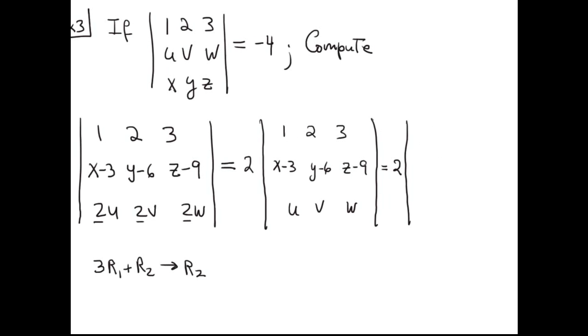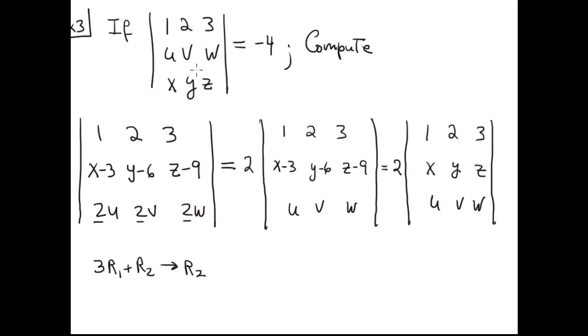Row 1 stays the same, 1, 2, 3. Row 3 stays the same, U, V, W. Now row 2 changes. When you multiply, 3 times 1 is 3, plus negative 3 is 0. It's cancelled out, that part is x. 3 times 2 is 6, minus 6 is 0, that is y. And 3 times 3 is 9, minus 9 is 0, that is z.